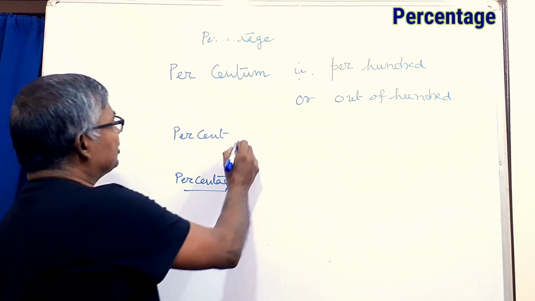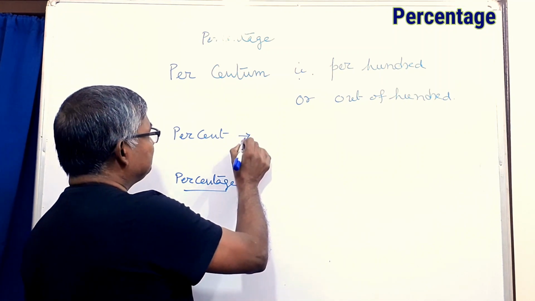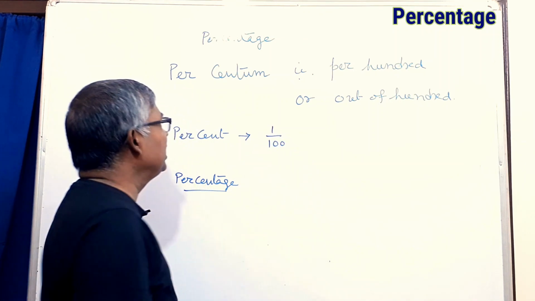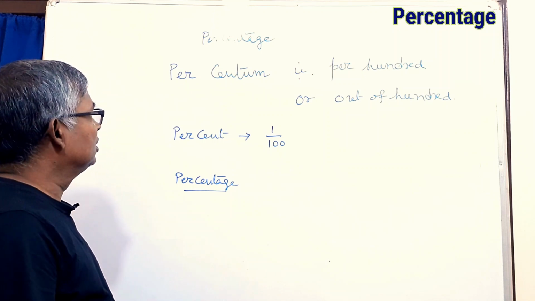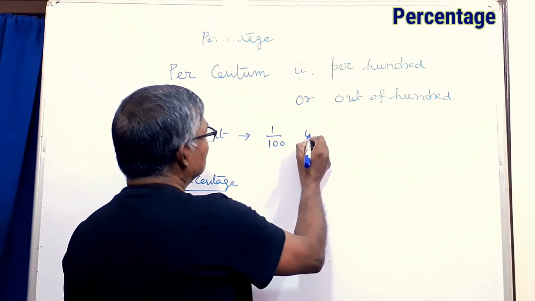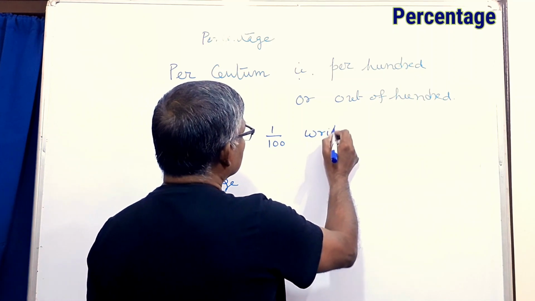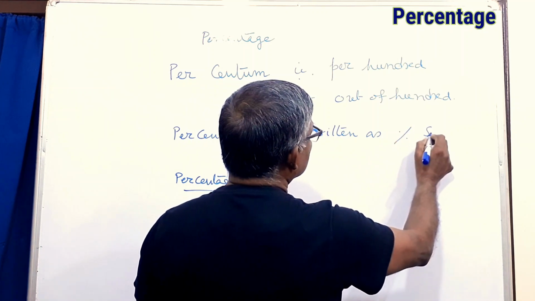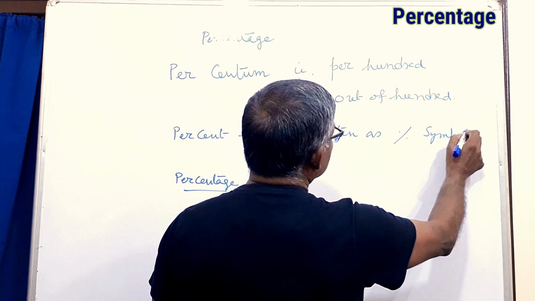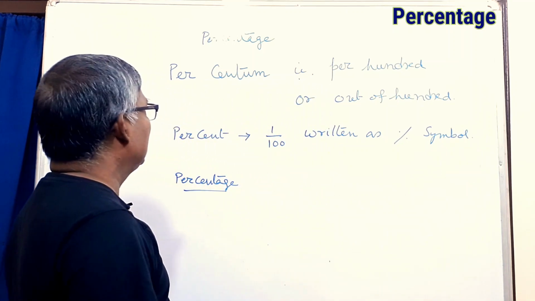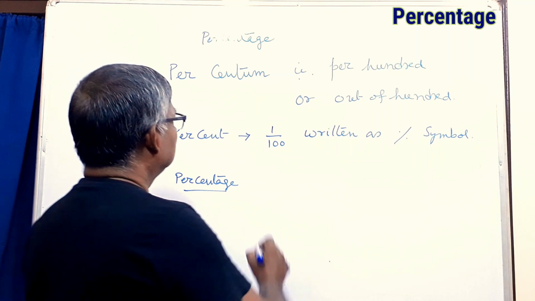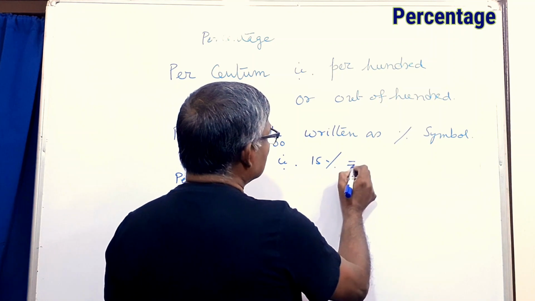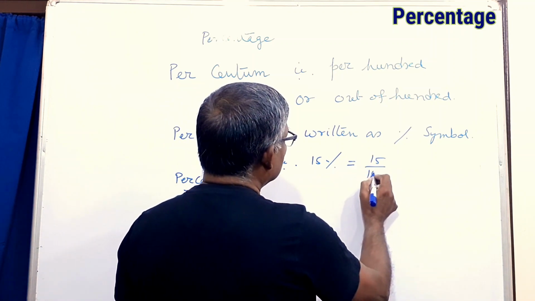The term percent means 1 by 100 of a number and is written with a symbol, that is %. 15% equals 15 by 100.